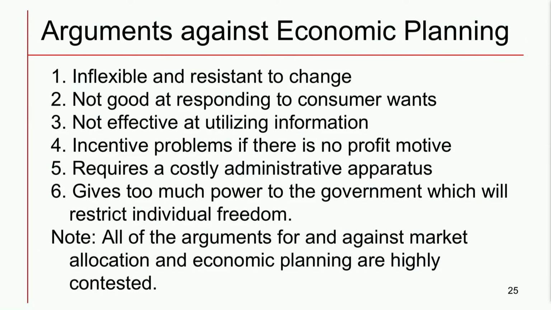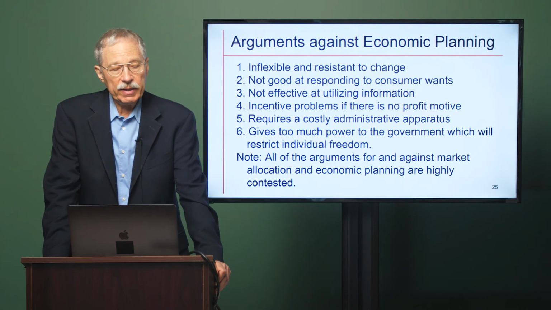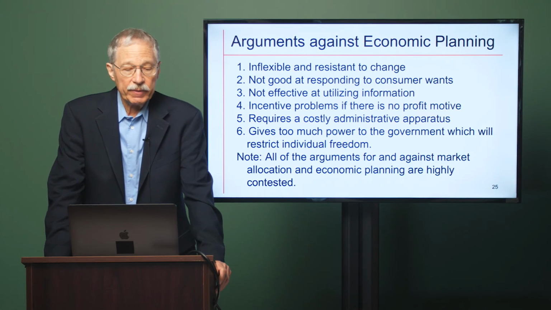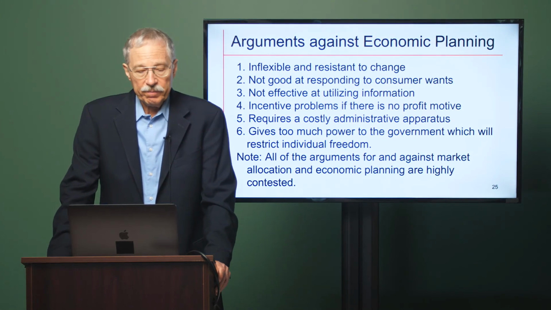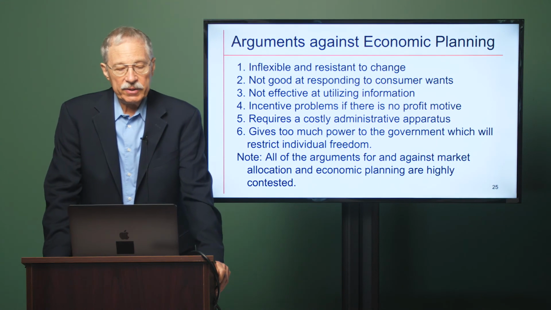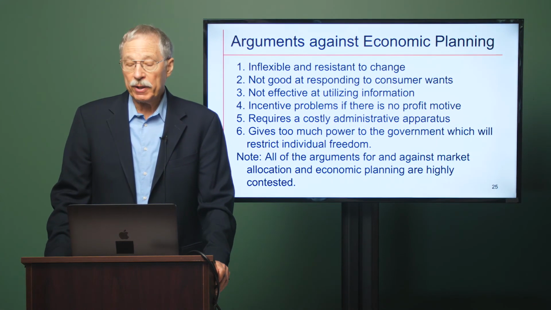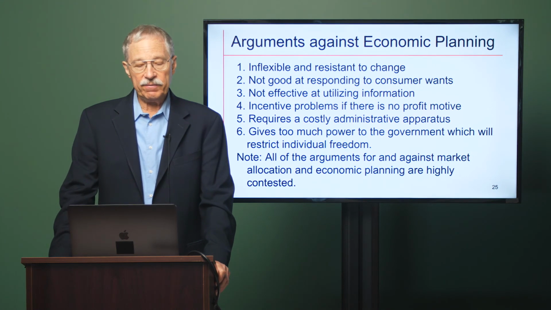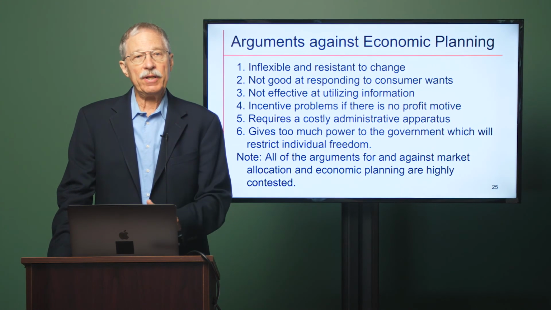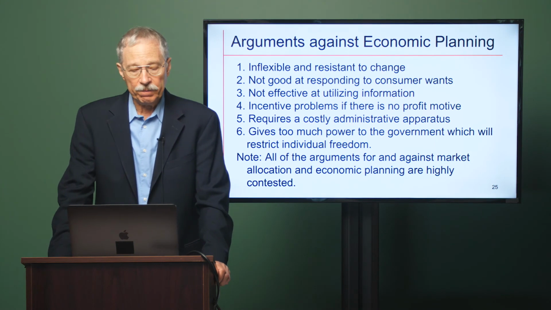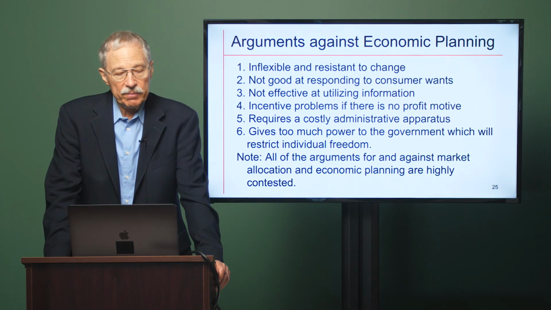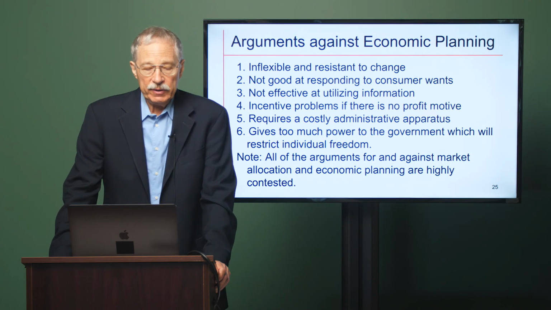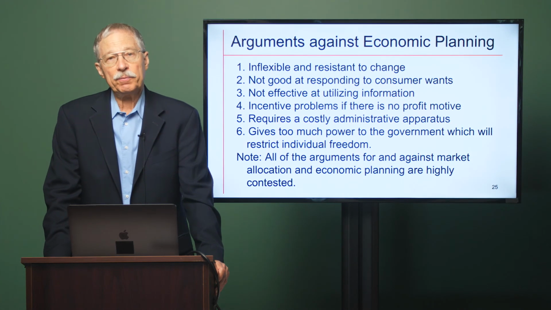However, there are also criticisms of the planning method of allocation. Critics argue that planning is not flexible enough, that it's resistant to change. They argue that a planned system is not good at responding to consumer wants, which change over time, that it's not effective at utilizing the information that is widespread within the population, that a planned system, because it's not based on the profit motive, would have incentive problems.